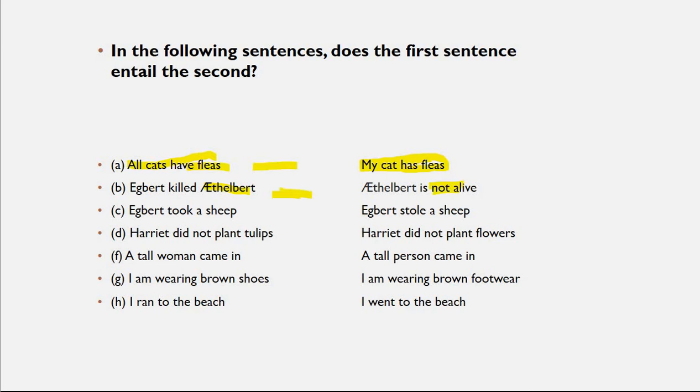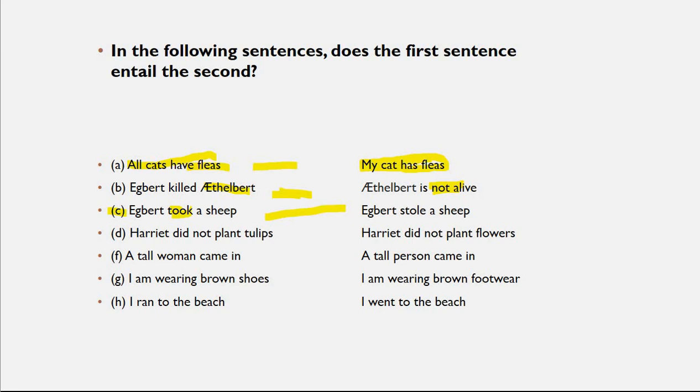And Egbert took a sheep. Egbert stole a sheep. So this is not an entailment. The first sentence does not entail the second in C, because Egbert took a sheep doesn't mean that he stole. Maybe he paid, maybe he purchased, we don't know. So this is not a correct entailment.